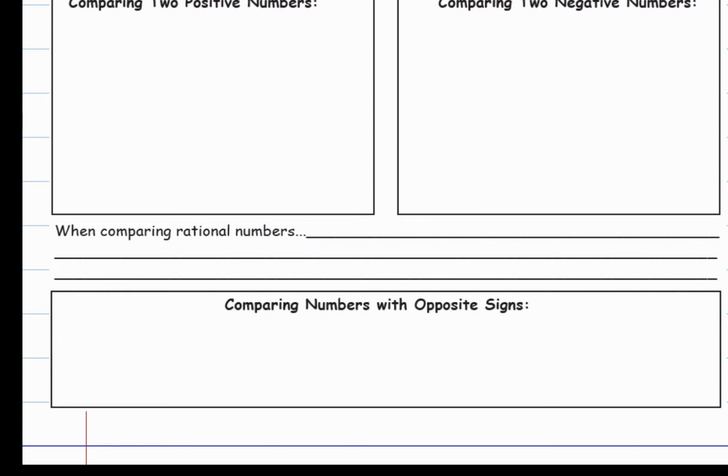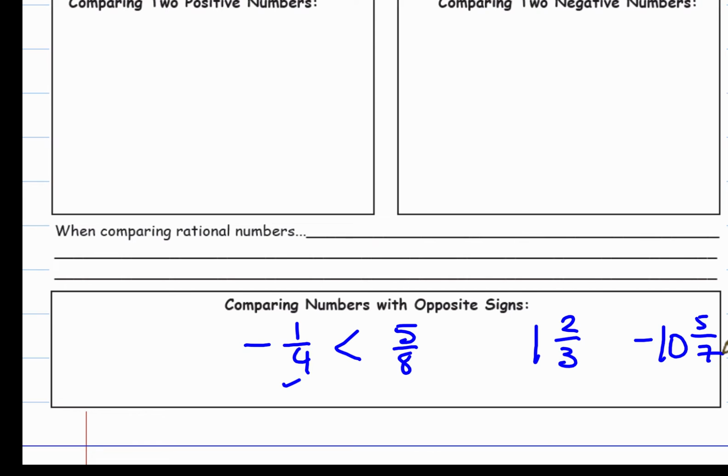And if we compared -1/4 to 5/8, I don't even need a common denominator to compare these fractions. Because this is negative, it has to be less than 5/8. Just like 1 and 2/3 versus -10 and 5/7, which one has to be greater? The positive one. So comparing negatives and positives is always a pretty easy job.